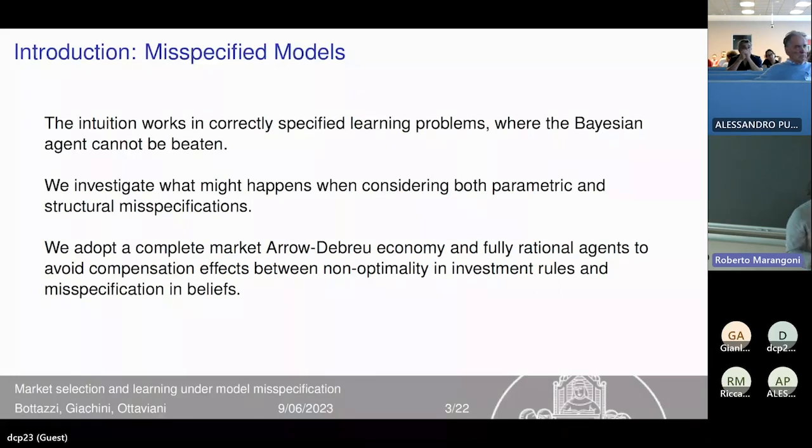So if I really want to focus on one aspect of the dynamic, which is learning, I should find a way to essentially neutralize the problem of building portfolios, for instance, in a financial environment, building portfolios starting from this information.